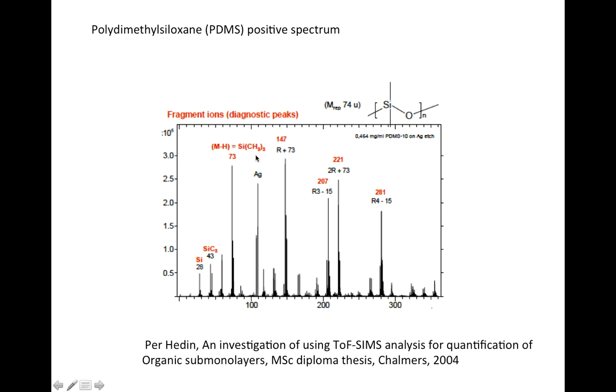So here you get probably some fragments. I was thinking of this SiC3H9O. So in this material you can see the repeat unit of polydimethyl siloxane, and this is the positive spectrum.